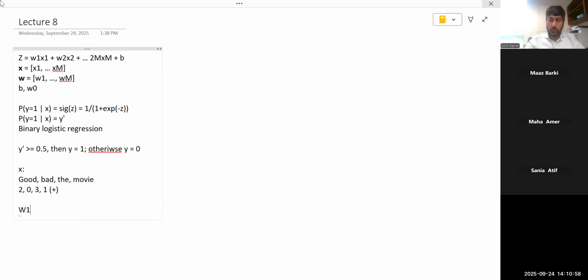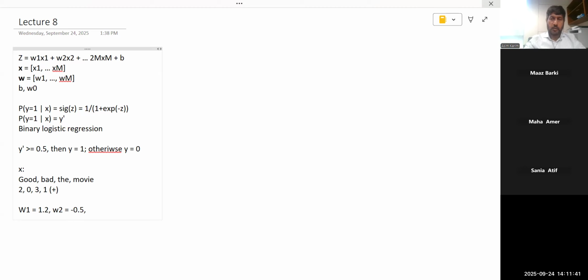So let's say W1 is for good. Remember, the function is predicting the probability of y equal to 1, which is the probability for positive. So this weight should generally be positive because it should give a better value for the word good. Good is typically used in reviews that are positive. So I'll take a positive value, let's say 1.2. W2, for bad, is minus 0.5.